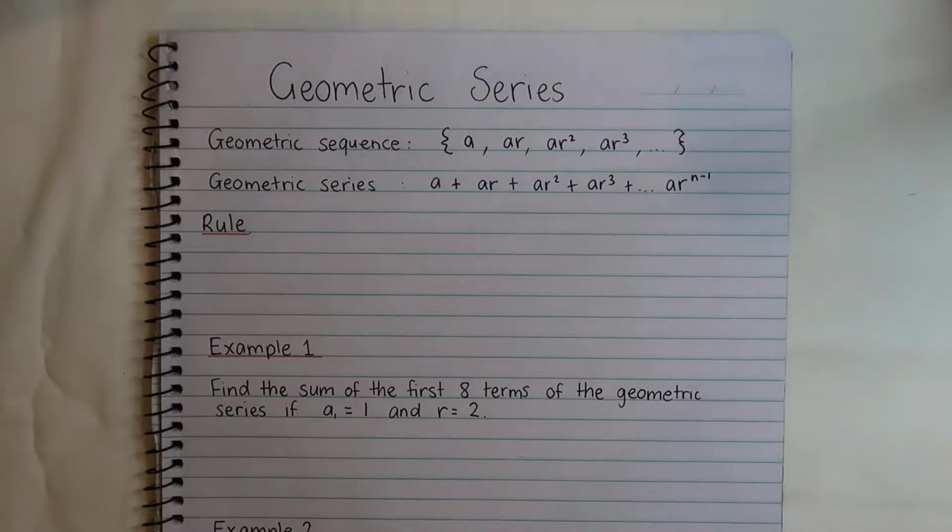I will show you how to get the formula in another video, but for now, to find the sum of the first n terms of a geometric sequence, you can use the following formula.